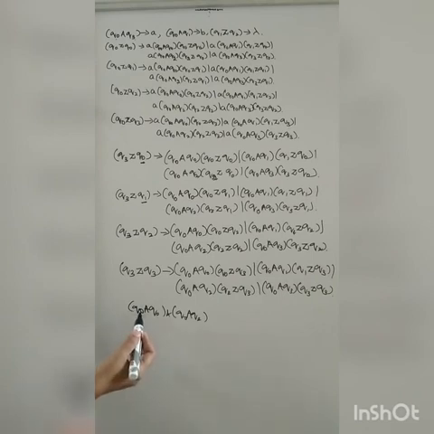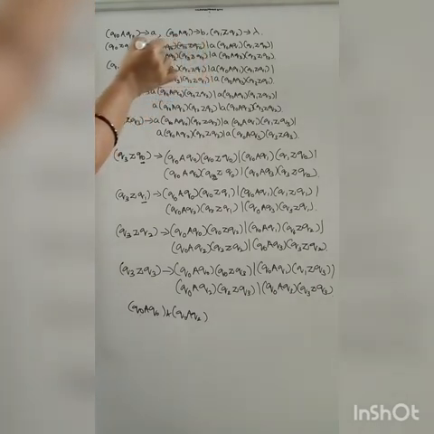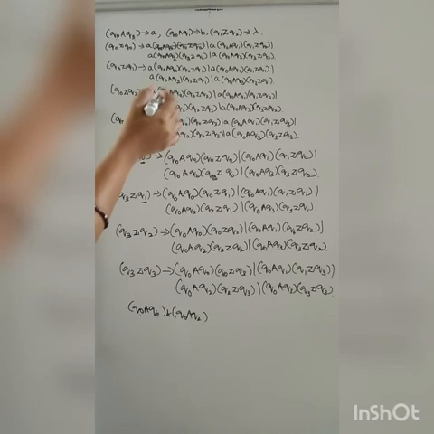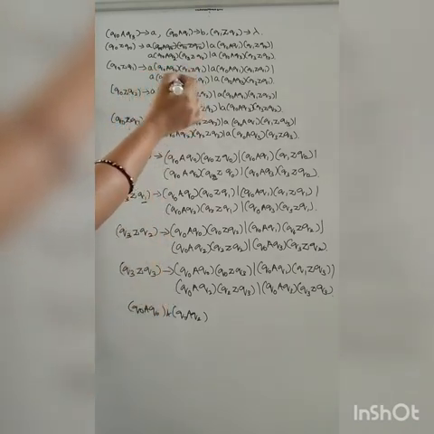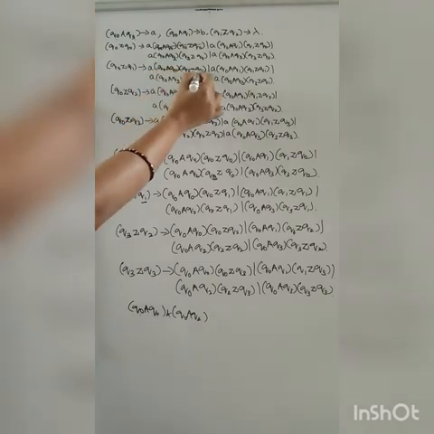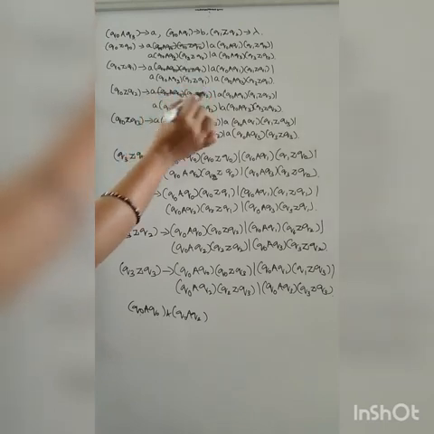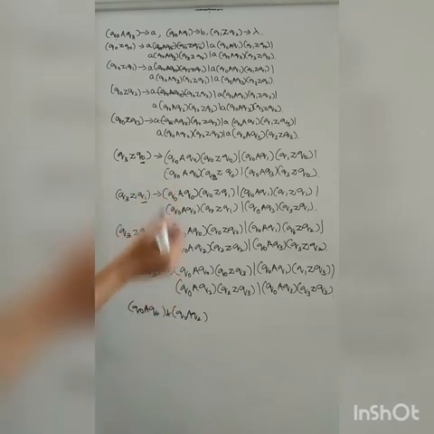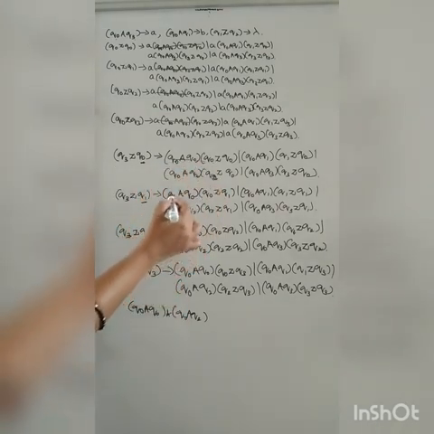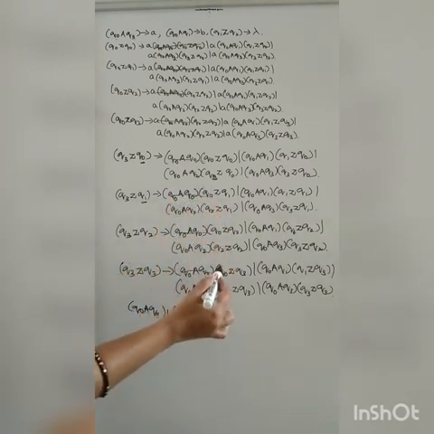For example, wherever we are having Q0 A Q0, here we are having, so simply we have to remove this one. Here also, here also, and here also, we can remove it. So wherever you are having, you can remove that one.